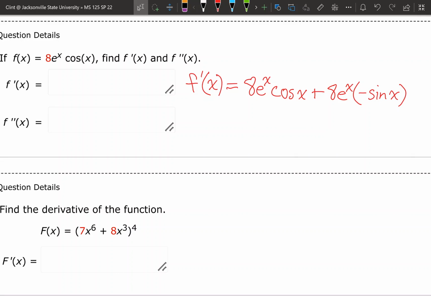Okay. So you could just do the second derivative without moving the minus sign, but I'm going to move it.